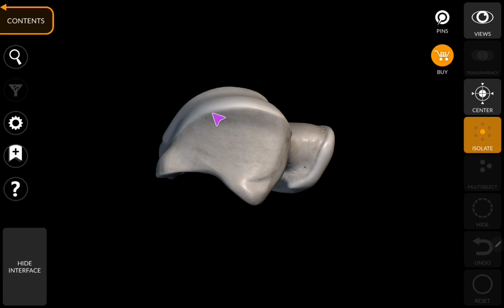The major portion of the lateral surface of the body of the talus is articular in nature, whereas only a small portion of the lateral surface is non-articular. This triangular shaped articular facet has its apex downwards and its base upwards.